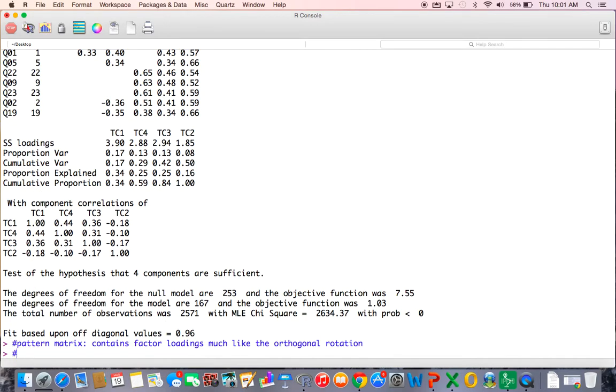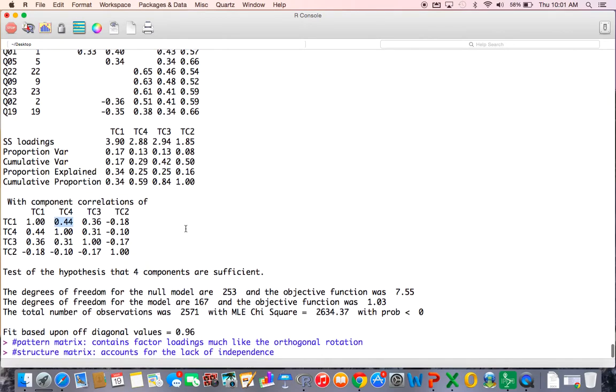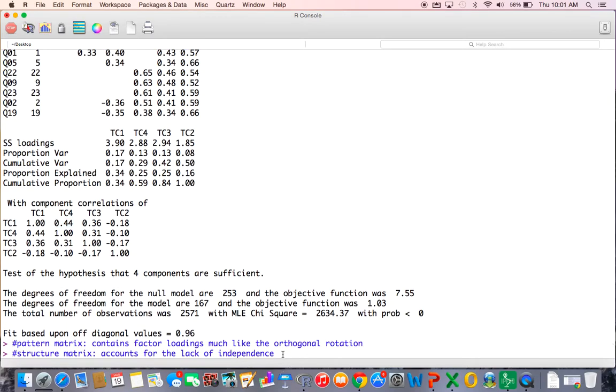Your structure matrix is different, and this accounts for the lack of independence. It looks up here and it's like, wait a minute, component number 1 and component number 4 are moderately correlated. So let's control for that.